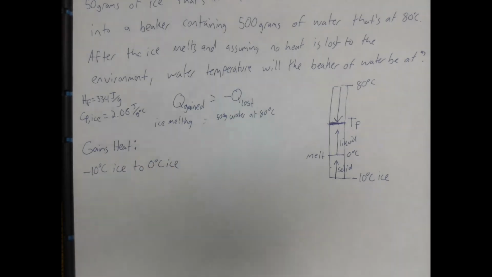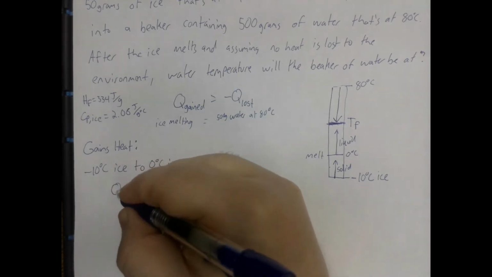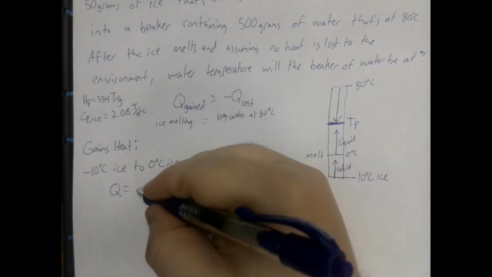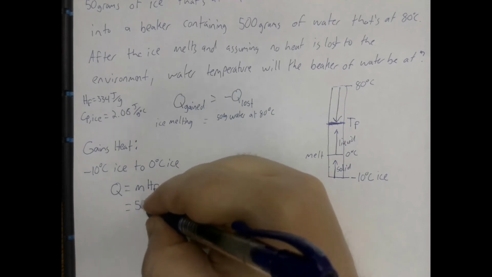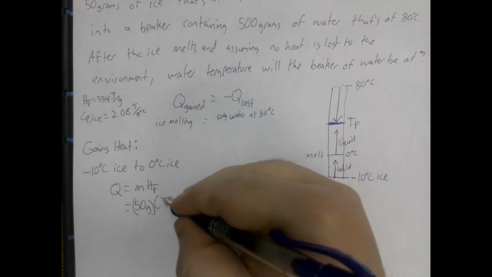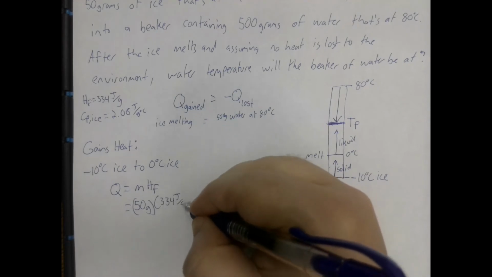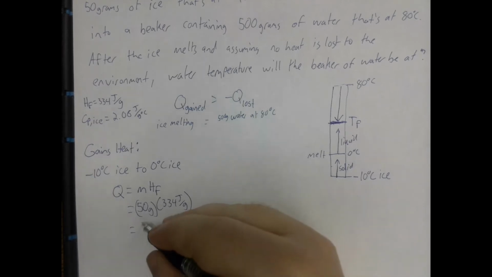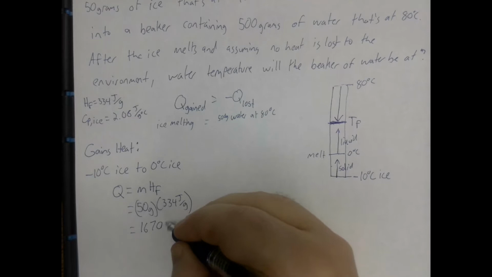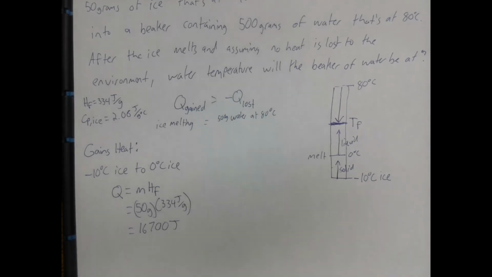So to go from negative 10 degrees Celsius ice to 0 degrees Celsius ice, we'd use our heat is equal to mass times the heat of fusion. So 50 grams times 334 joules per gram, and we get 16,700 joules of heat.